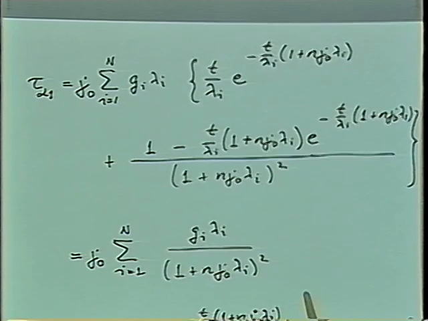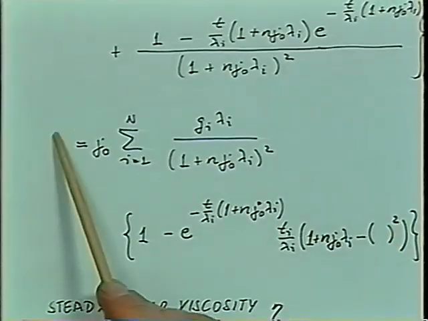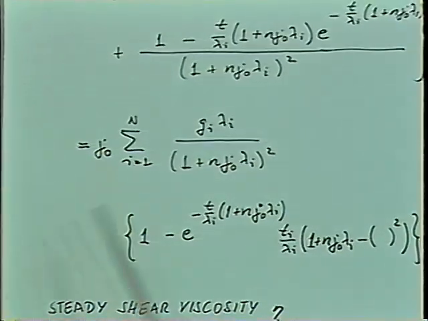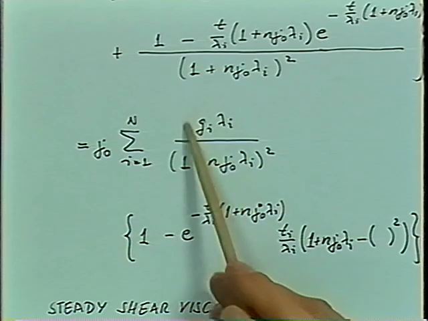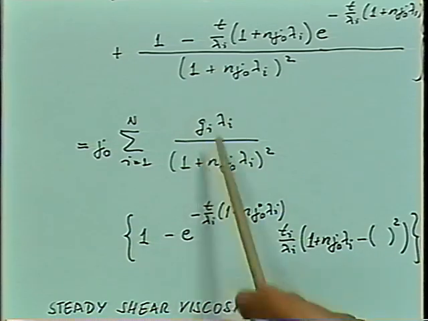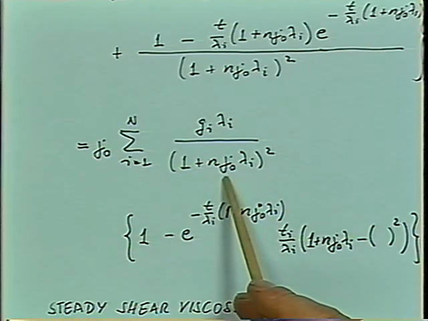And now the result from this modeling calculation is the following. The shear stress is given by the shear rate times gi lambda I. That's what we would expect for the viscosity. But these are divided now by a term which contains the shear rate.